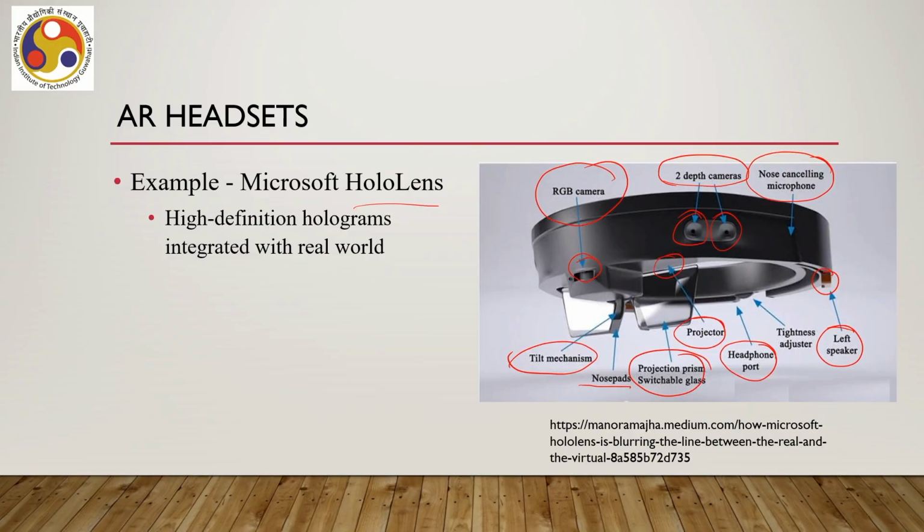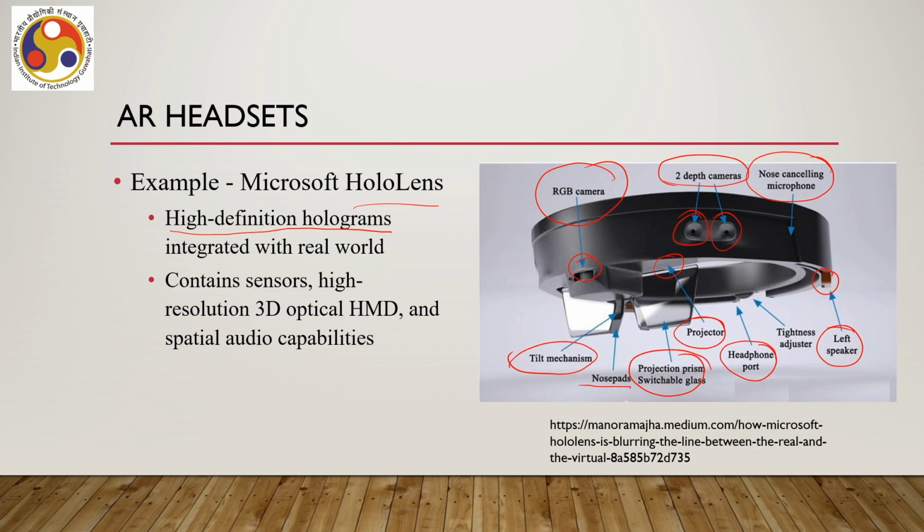In this particular device, high definition holograms or the digital content are integrated with the real world view, which is obtained through the glasses. As we have seen, it contains sensors, a high resolution 3D optical HMD and spatial audio capabilities.